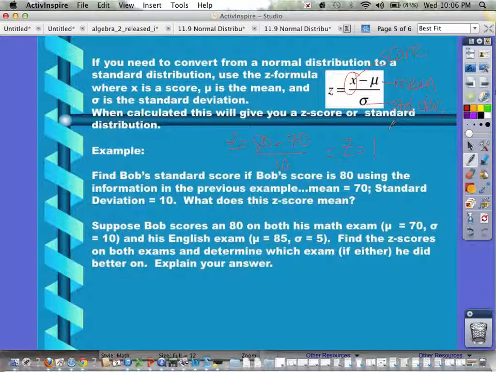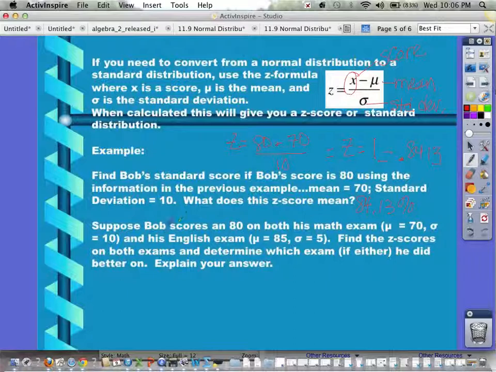If you look up positive 1, that is 0.8413. If you look up on the table, 0.8413, and you have to change that to a percent. So that percent would be 84.13%. All right, so Bob's score of 80 is in the 84th percentile.